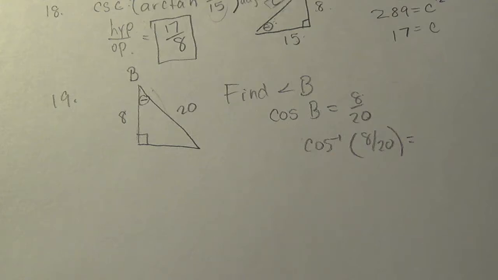I got 66.42 degrees. I see that as selection C if you're following along on the paper, which I will check now. 19 is C. Alright, so it's correct.